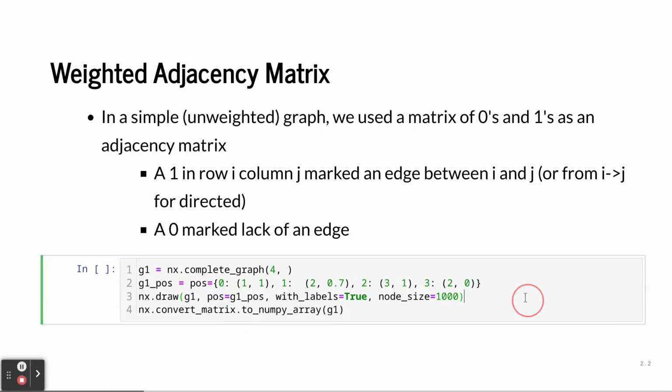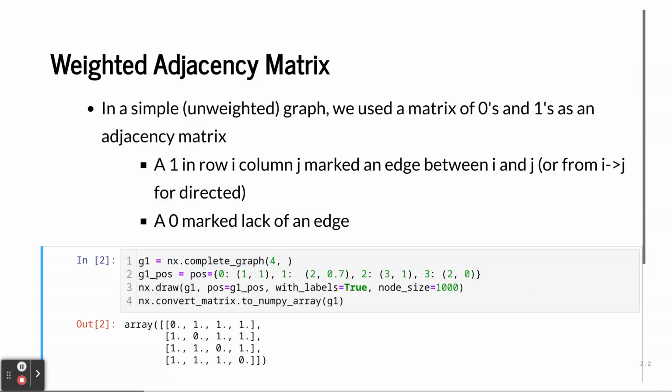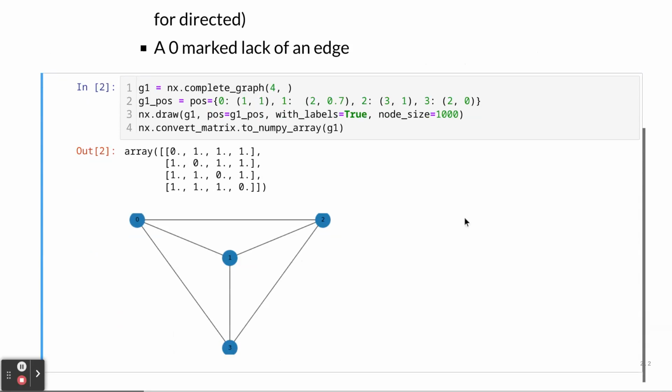Let's remember what this looks like. So here we have a graph that has 4 nodes labeled 0, 1, 2, 3. And you'll see here that each node in this particular graph is connected to each other node. This is what's known as a complete graph.